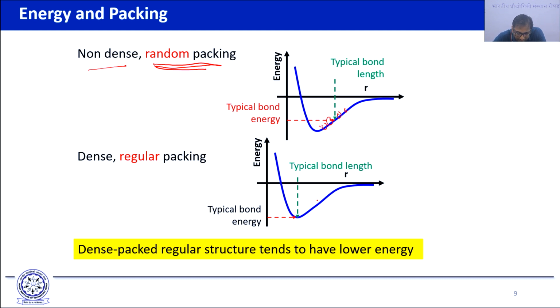In case of a regular type of packing, what happens is the position of the atom. So keep in mind that you've got an atom over here and you've got an atom over here when you are looking at the interaction between these two atoms. The position of the atom is going to be decided by whatever results in the lowest energy. And so for two types of atoms, that would be one particular distance.